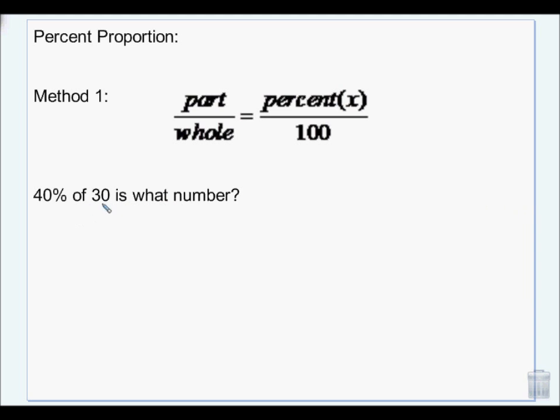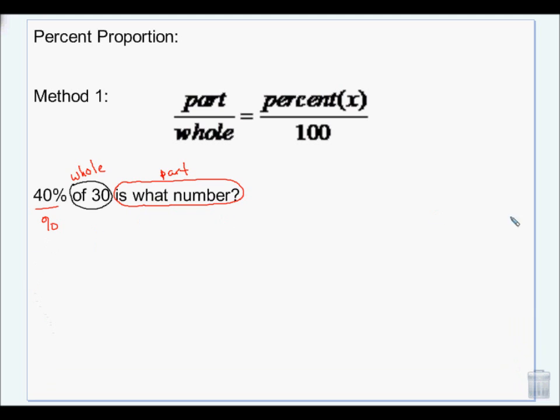40% of 30 is what number? Whatever number is with the "of" is the whole. And whatever number is with the "is," that's the part. And then obviously this is the percent.